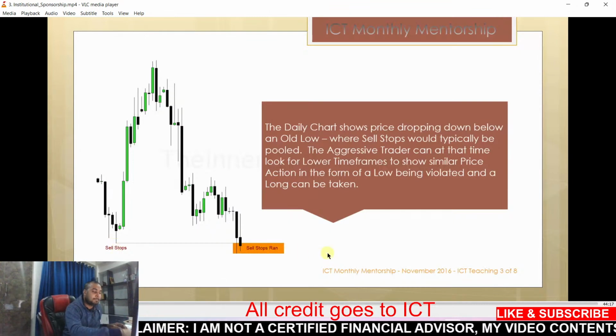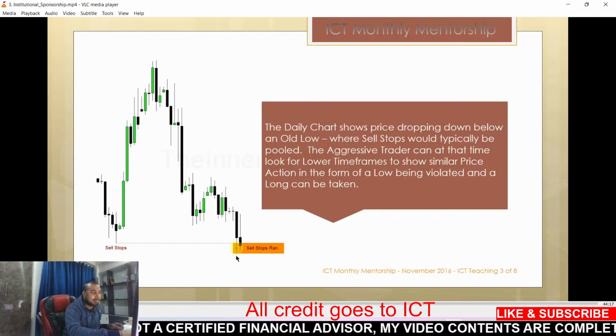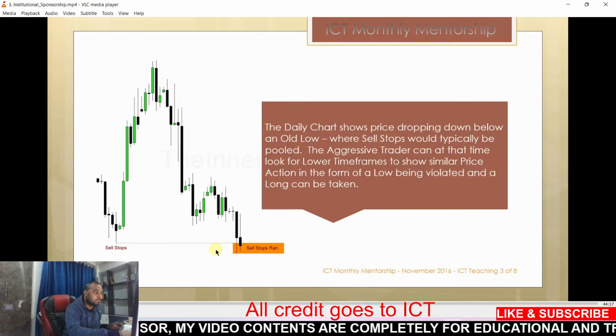Now, an aggressive trader, they can see this as an opportunity to go into a lower time frame as that low is violated here, right on this candle here. You can go into a lower time frame and look for a similar pattern. Price is fractal. That means everything you see on one time frame is replicable on the higher time frame and the lower time frame. So in other words, it's going to have a lot of similarity throughout all the time frames because price is still what?